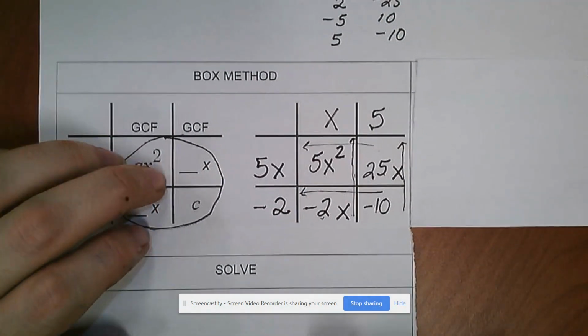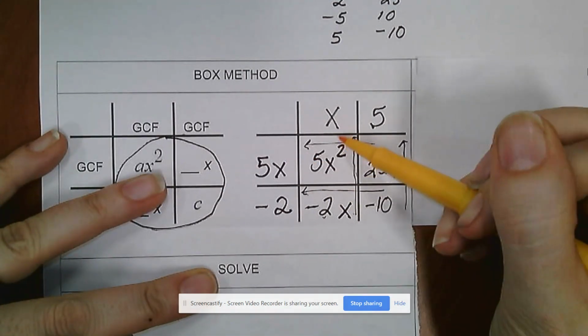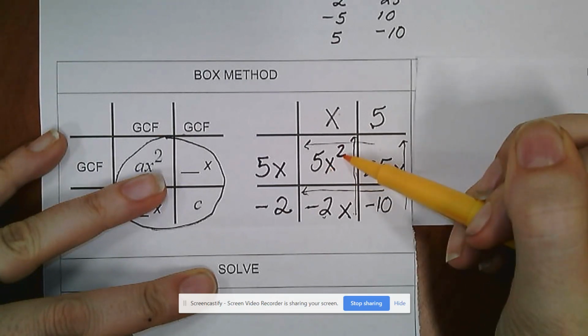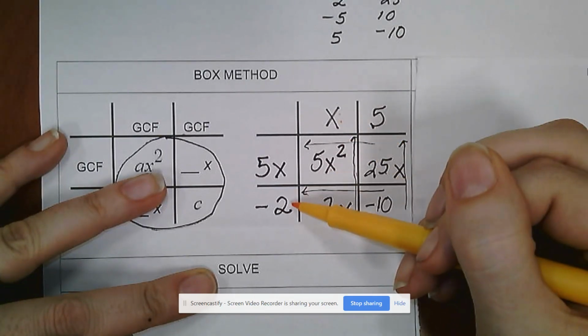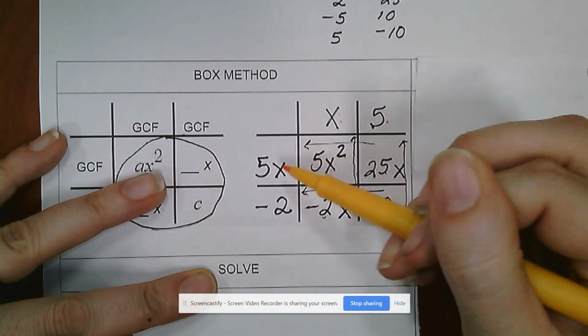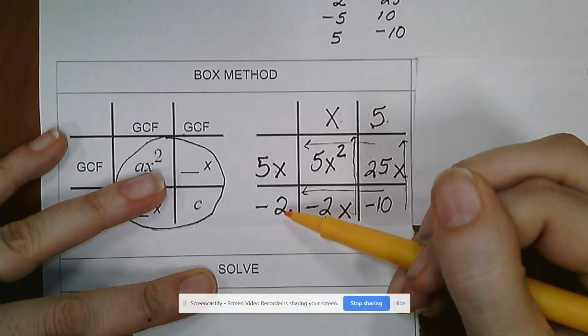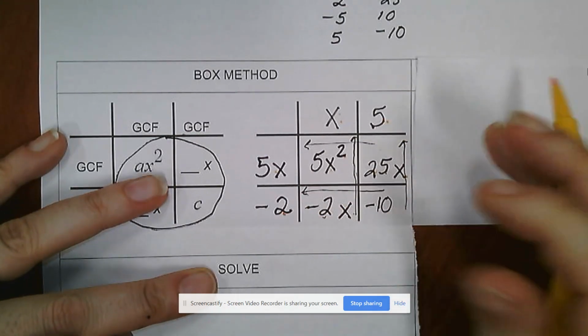Now, the nice thing about this is you can go and check it to make sure that you actually did it correctly, because this works just like multiplication in the box. 5x times x should give you 5x squared. X times negative 2 should give you negative 2x. 5 times 5x should give you 25x. And 5 times negative 2 should give you negative 10.